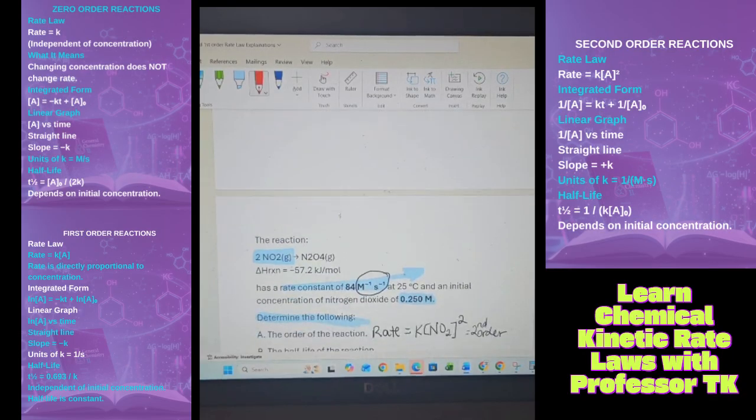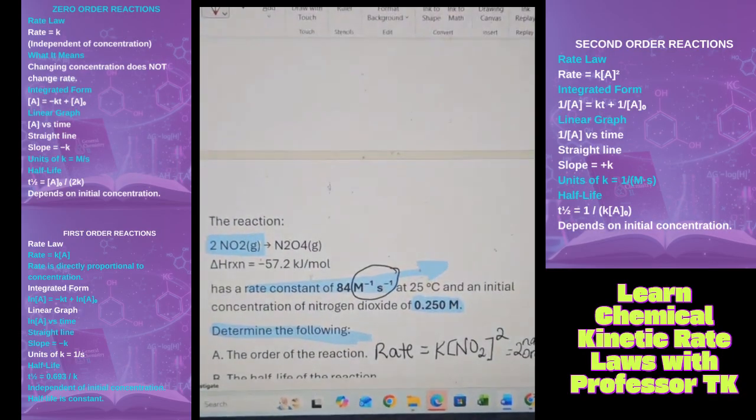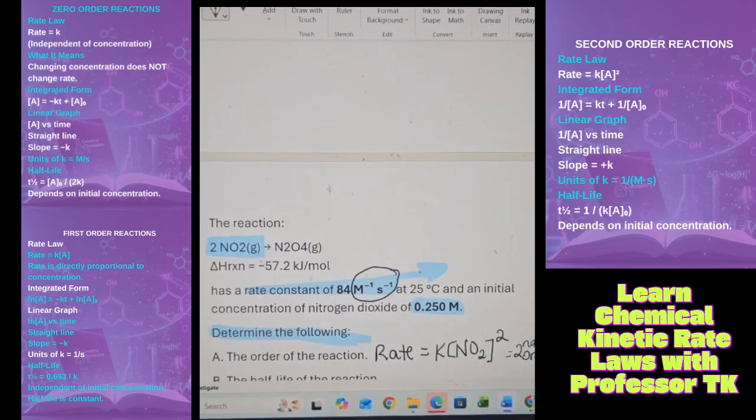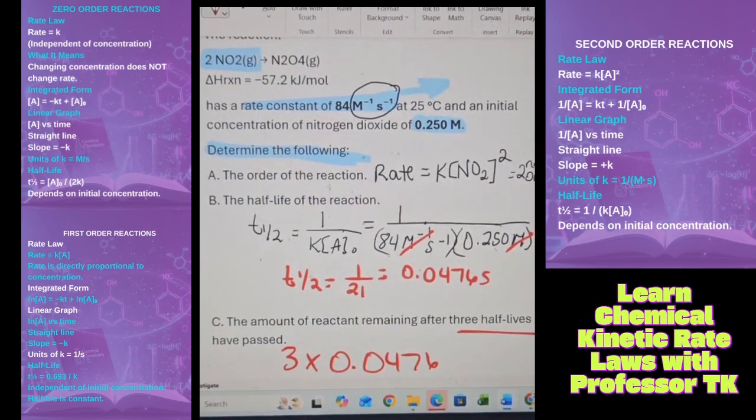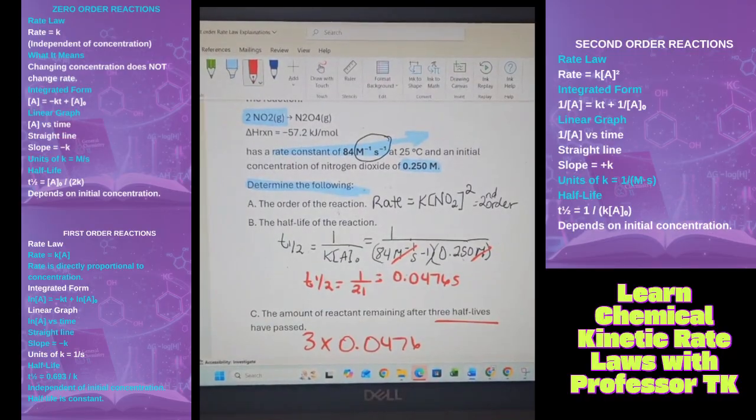I'm not going to do it right now, but you could change these units to represent a first order problem, or a zero order problem. That way you are able to see many different scenarios in using all of these formulas that we've talked about.